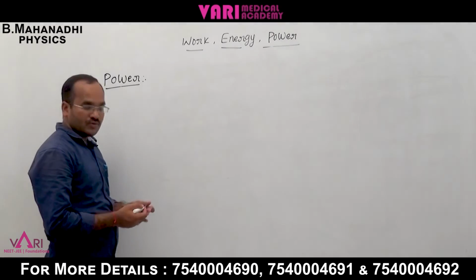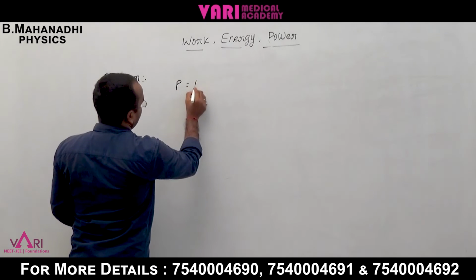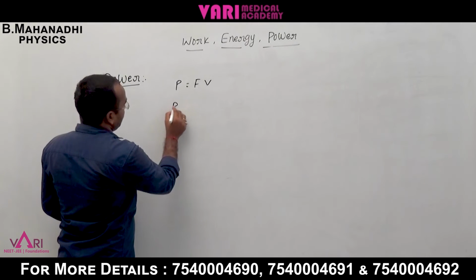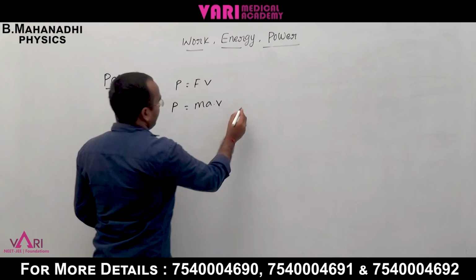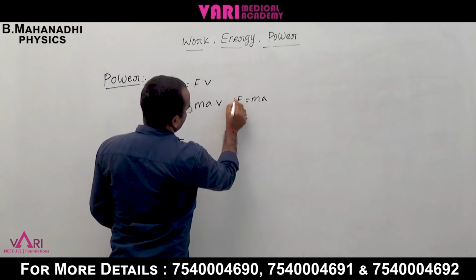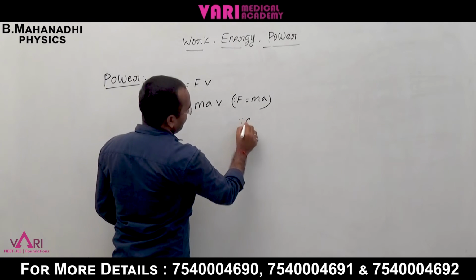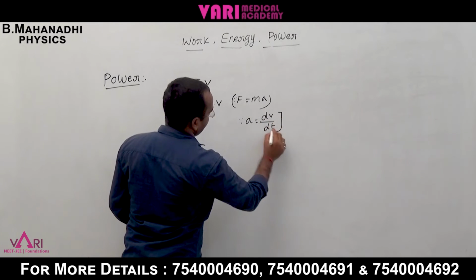Now power is equal to fv. Power equals ma into v, since f equals ma, substitution. Acceleration is equal to dv by dt.